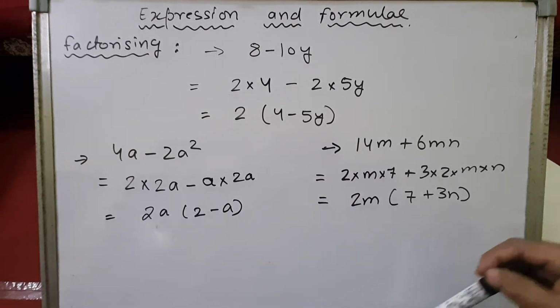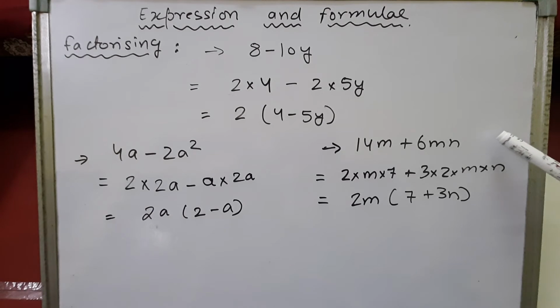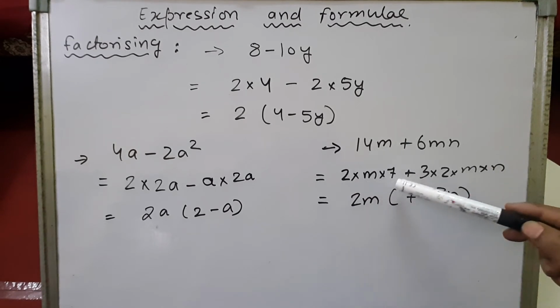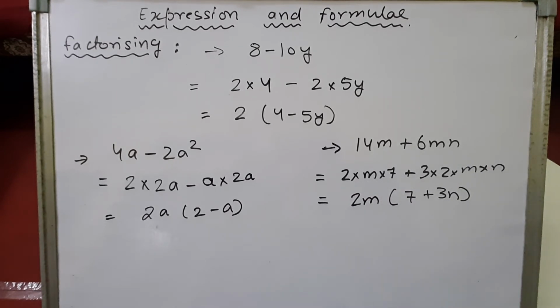Remember. Next sum. Here it is written 14m plus 6mn. When we expand 14m, we get 2 into m into 7. And when we expand 6mn, we get 2 into 3 into m into n. Now what is common here? You can see 2 is present in both the terms and m is present in both the terms.